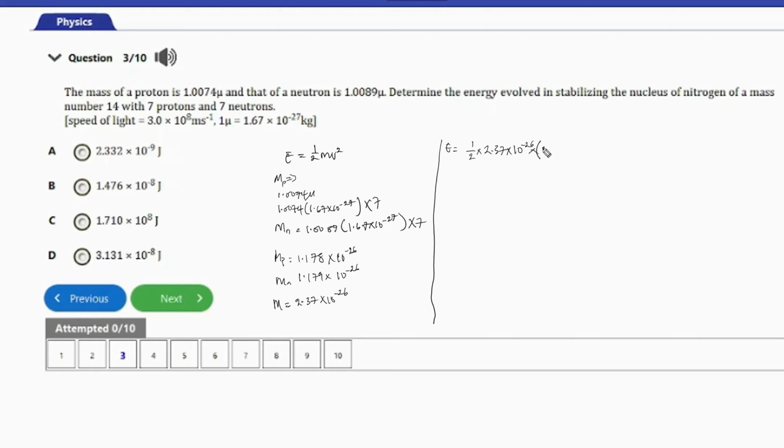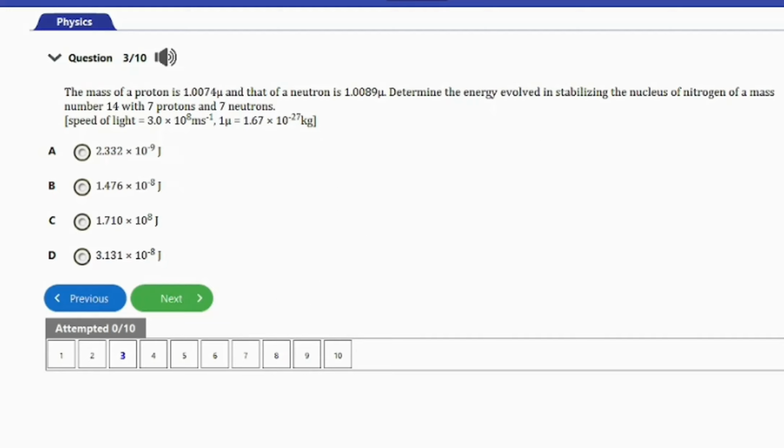The velocity, which is the speed of light here, is 3.0 times 10 to the power of 8. So we'll square this, and then let's go ahead and calculate this all through. We are going to have 1.710 times 10 to the power of 8, which is option C here. So that's it for this question. Let's go ahead and consider the next question.